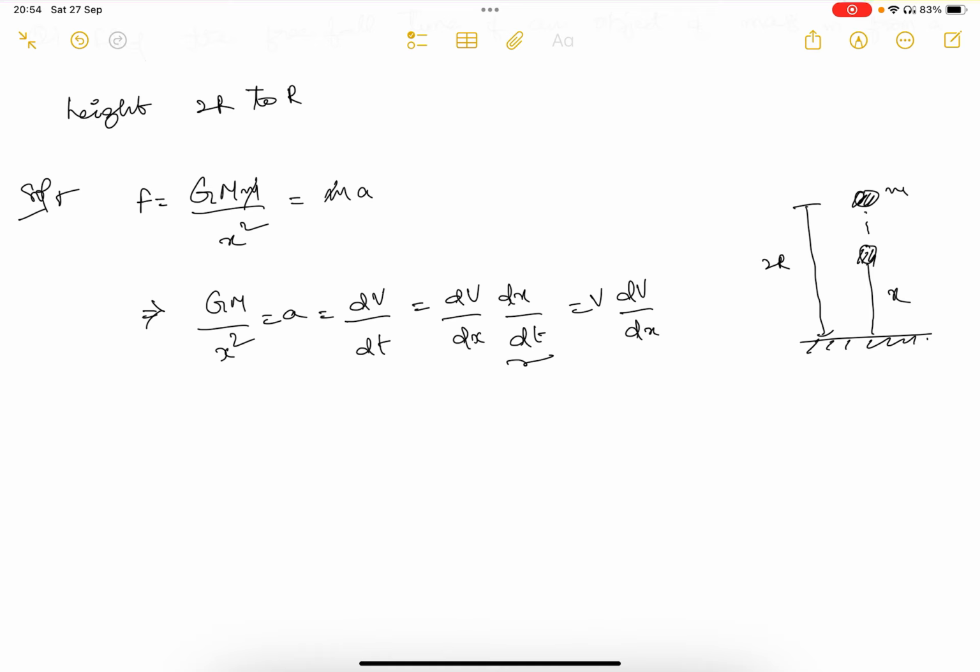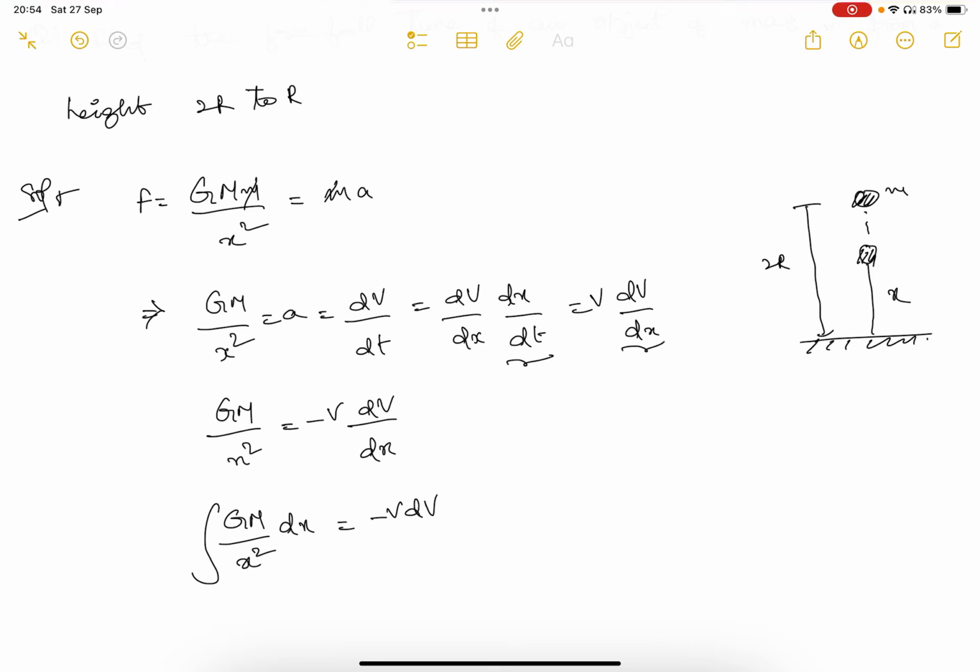That means dv is positive, but dx is getting decreased, so this will be negative. So GM by x square is minus v dv by dx. Now you can write GM by x square dx equal to minus v dv.